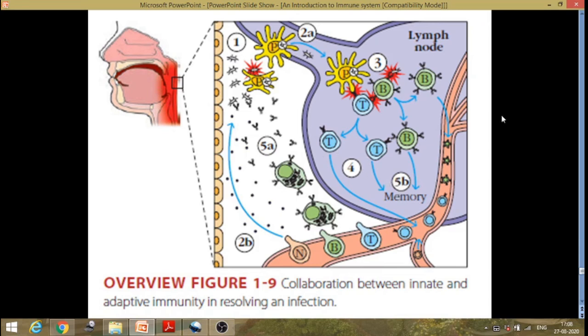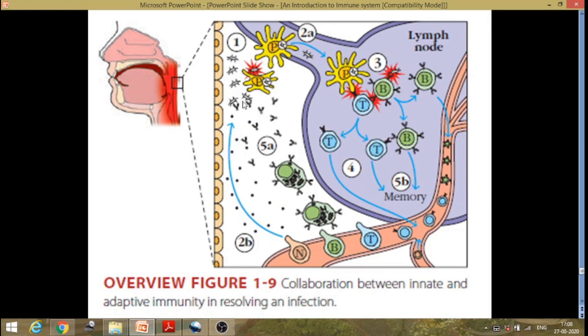The activated T and B cells are then recruited to the site of infection through the blood vessels. The B cells differentiate into plasma cells which secrete antibodies. Antibodies do two things.